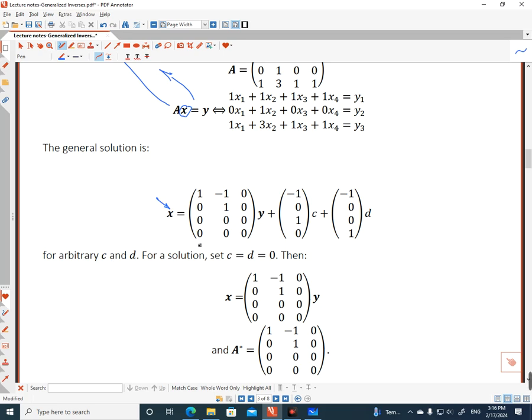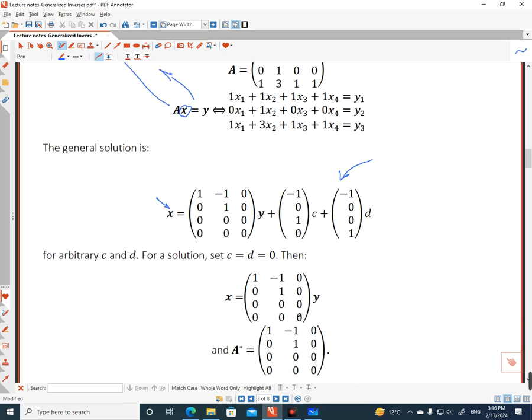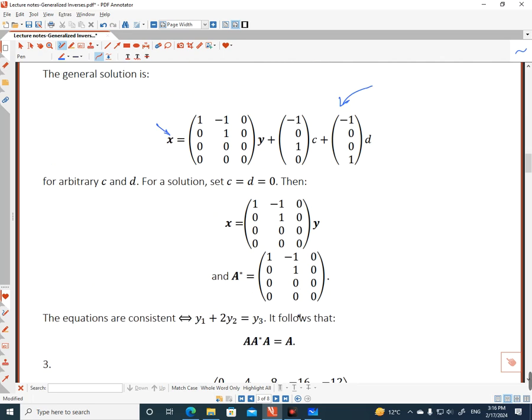At the end of this lecture on generalized inverses, I will explain the general solution of this linear equation in this form. So we will understand how we get such coefficients and such vectors. We must be patient, and we will get back to it at the end of the lecture note for generalized inverses.